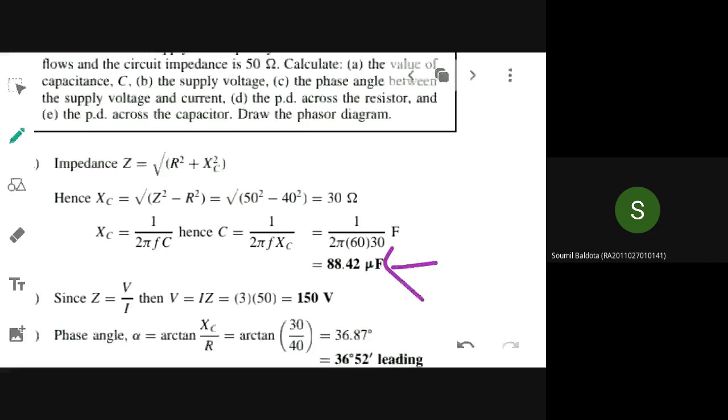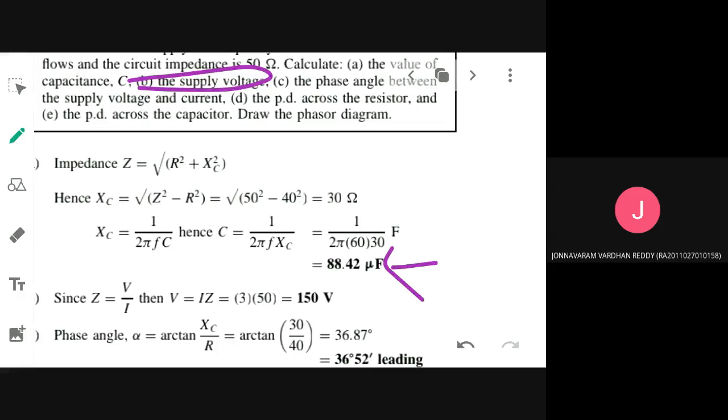Next you need to find out the supply voltage. V is equal to I into Z. The others in class, are you trying to solve? Supply voltage is V is equal to IZ.